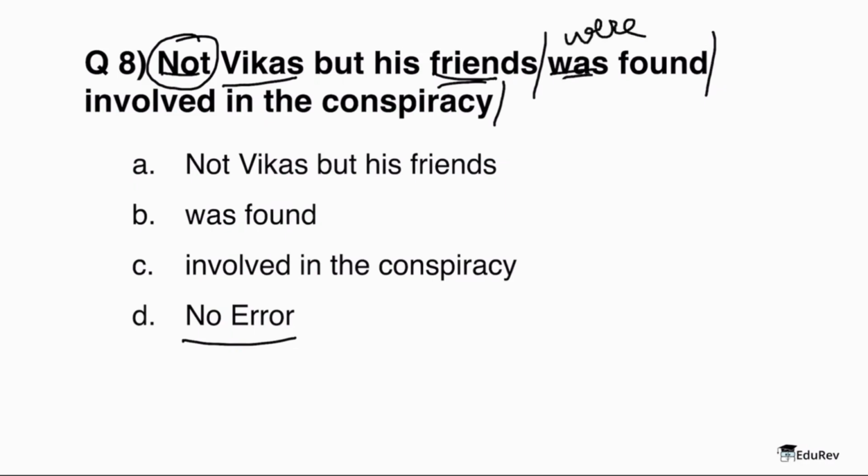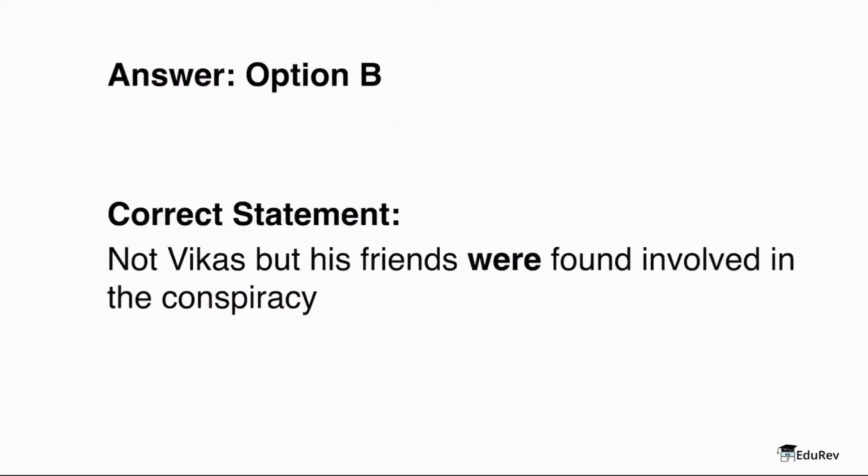Because here the subject with which "not" has not been used is friends, and we know friends is plural. So with plural subjects, plural helping verbs would be used. With friends, "were" will be used instead of "was". So the correct statement will be: not Vikas but his friends were found involved in the conspiracy. So the correct option would be option B, and the correct statement is not Vikas but his friends were found involved in the conspiracy.